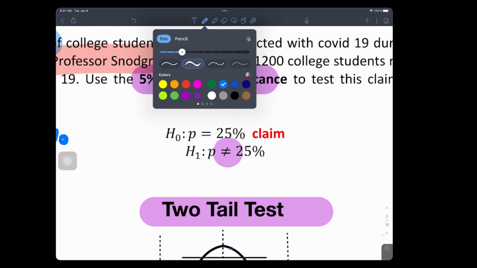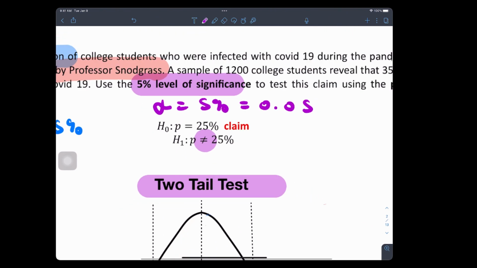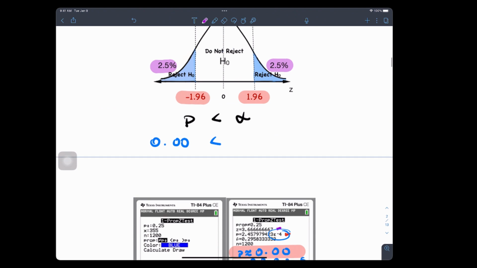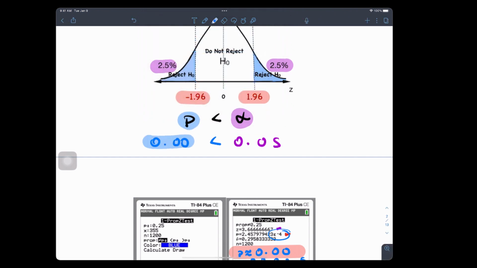Okay, this is the modern method. 5%. So you guys might see this in some classes. You take the p-value and go, what in the world is that? Here we go. Is this a true statement? Here's your alpha. Here's your p-value.